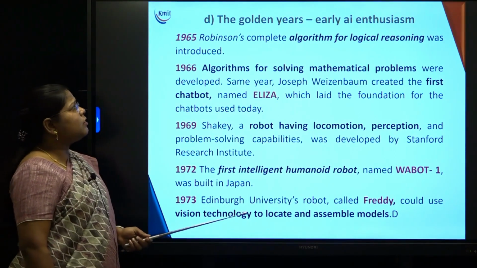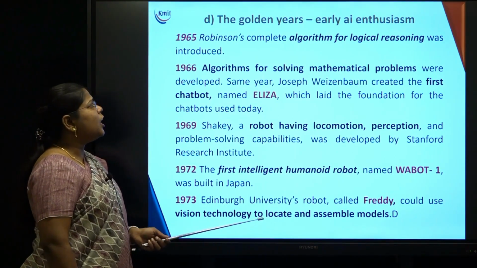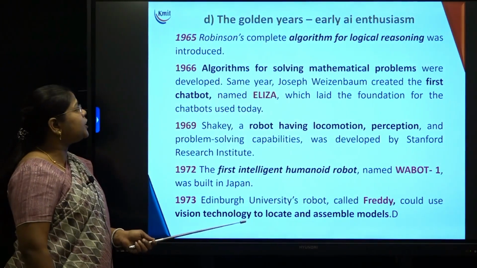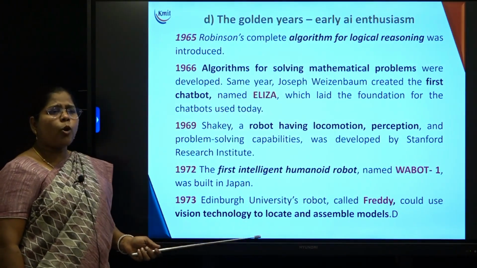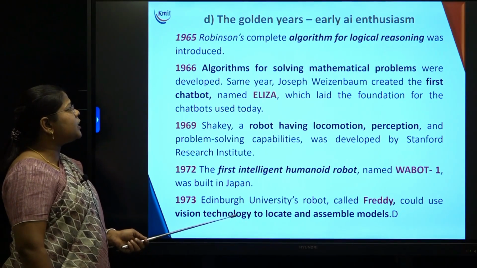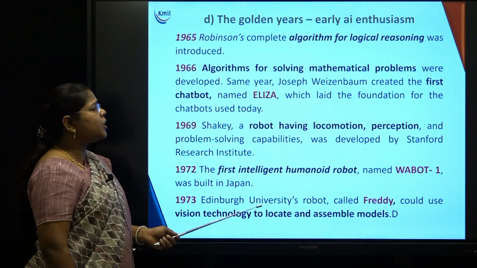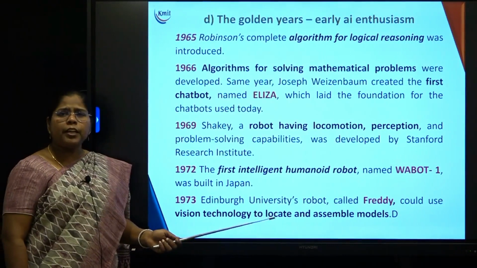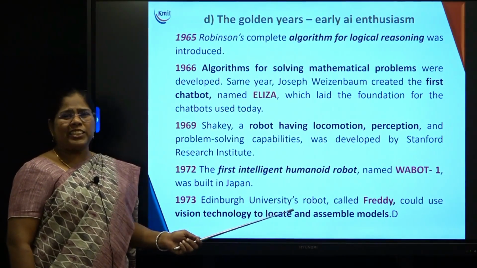Later, in the golden years, an algorithm was developed in 1965 which created logical reasoning for a solution. In 1966, algorithms for solving mathematical problems and the creation of a chatbot were done, which is called ELIZA.